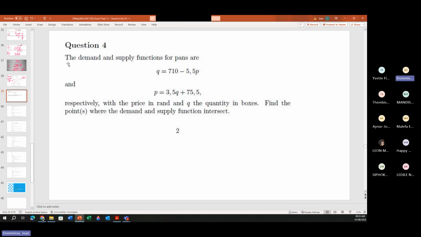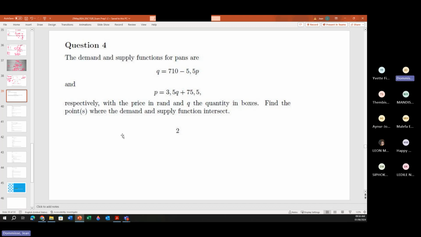Okay, so demand and supply functions for pans are Q equals 710 minus 5.5P, and P equals 3.5Q plus 75.5 respectively, with a price in rand and Q a quantity in boxes.